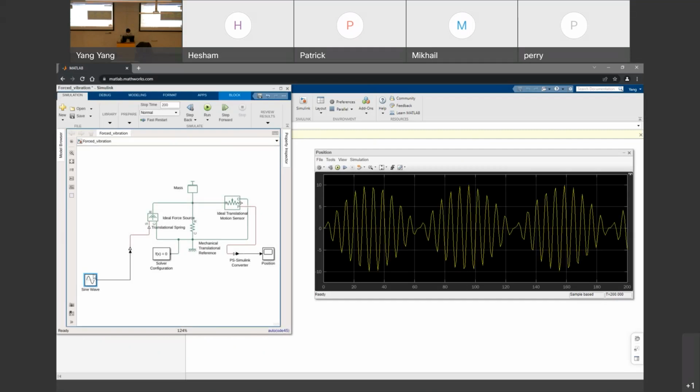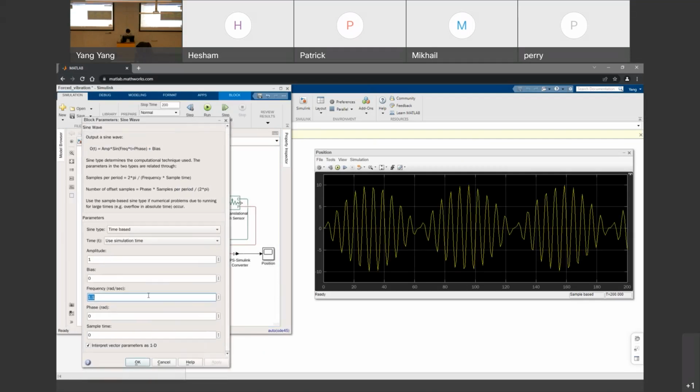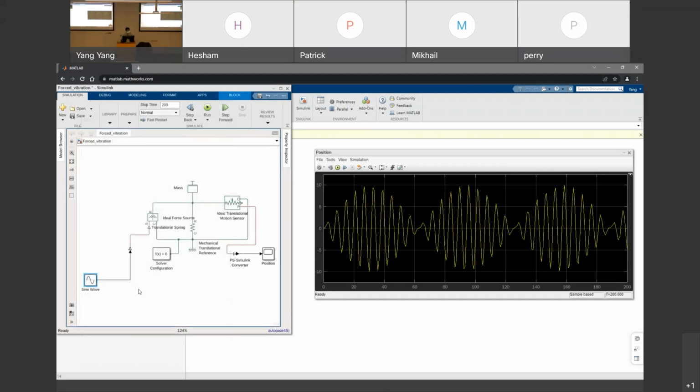So how about the frequency equal to 1? If the frequency of the force is equal to the natural frequency, what will happen here?